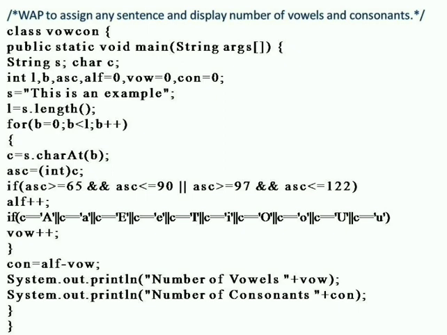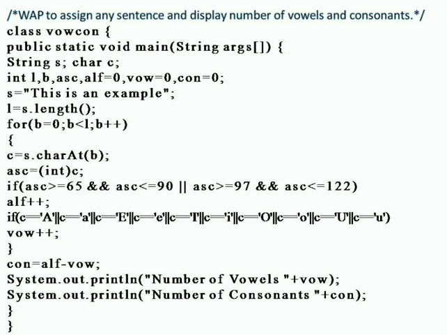Now we are checking whether that ASCII value is an alphabet. If ASC greater than equal to 65 and ASC less than equal to 90, that means if it is an ASCII code for a capital letter, or if ASC greater than equal to 97 and ASC less than equal to 122, if it is the ASCII code of a small letter.